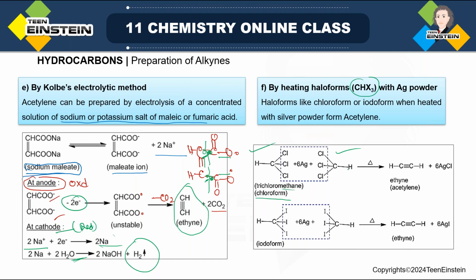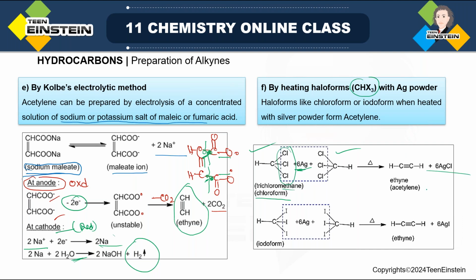And look how the molecules are drawn here, so that we can understand which bonds are broken and which bonds are formed. Here we are treating these 2 moles with 6 moles of silver, that is the metallic form, and together it will make 6 AgCl. So 6 Ag and 3 chlorine atoms coming from one molecule of chloroform, another 3 chlorine from the other molecule.